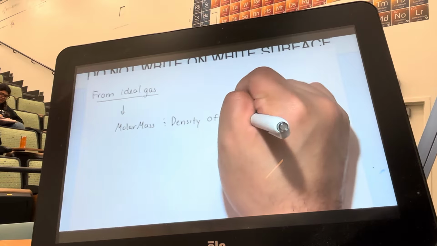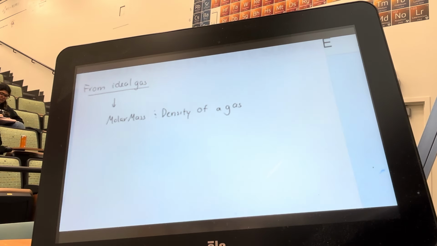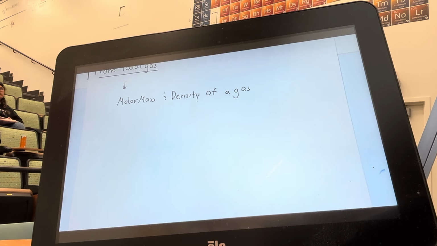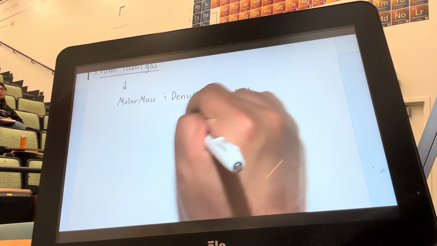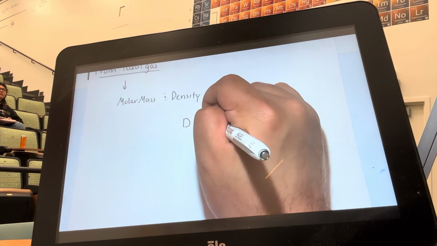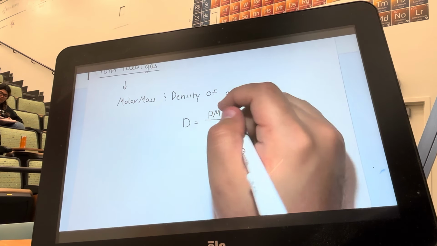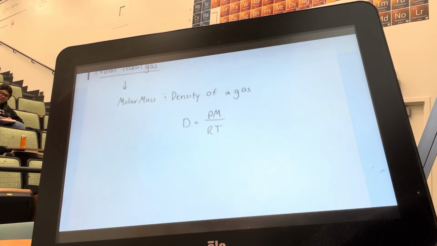This is actually a really good problem solving technique to see if you're paying attention. I could derive this equation, but I'm going to be straight up: the density of a gas equals pressure times the molar mass of the gas divided by RT.